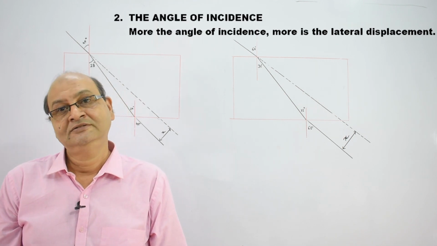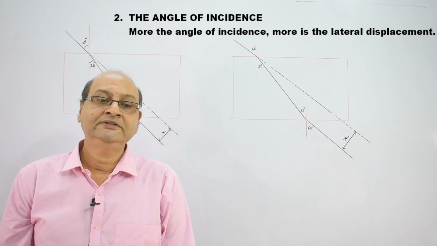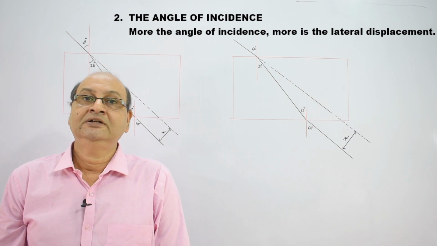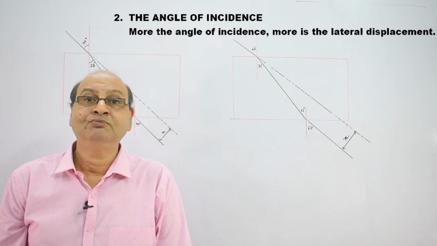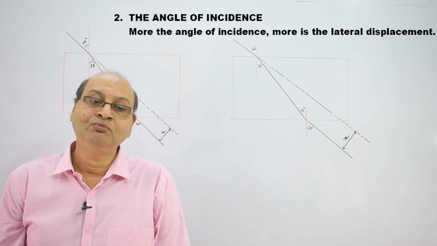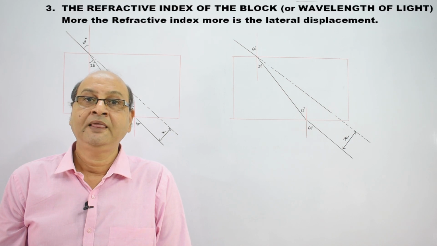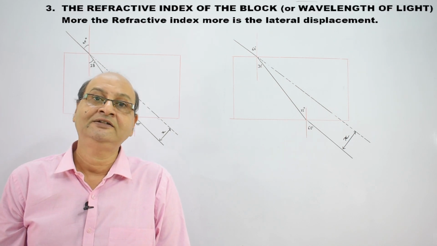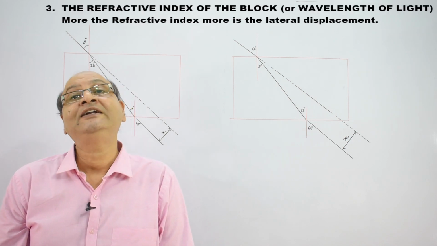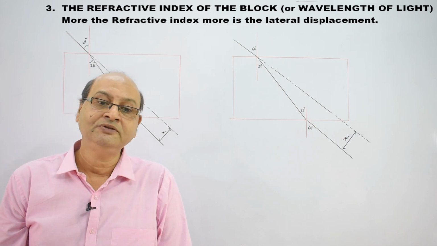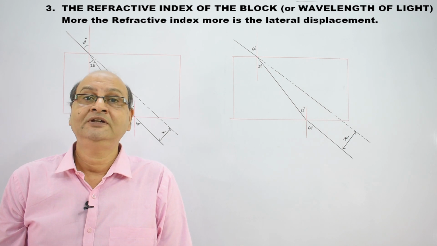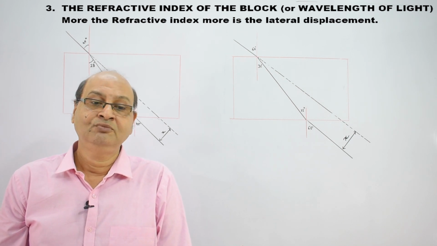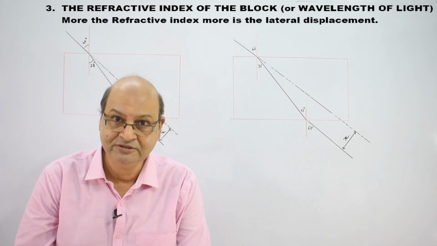Second condition is the angle of incidence: more the angle of incidence, more the lateral displacement. And the third condition which affects lateral displacement is the refractive index of the block, or in other ways the wavelength of the light. Here also, more the refractive index, more is the lateral displacement.